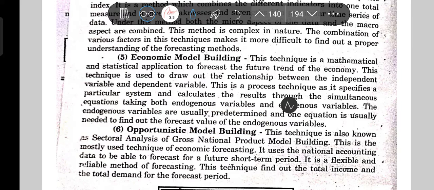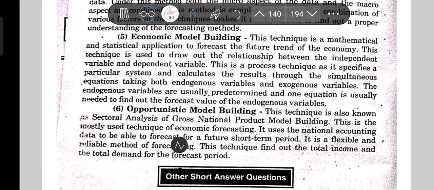This technique is also known as sectoral analysis, because it talks about the sectors: sectoral analysis of gross national product. This model building is the mostly used technique of economic forecasting. It uses national accounting data to forecast the future short-term period, and it is a flexible and reliable method.